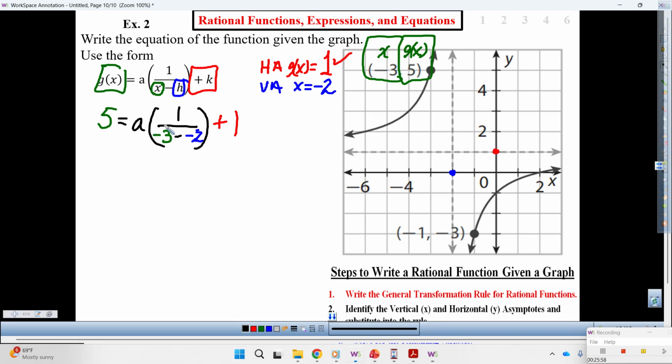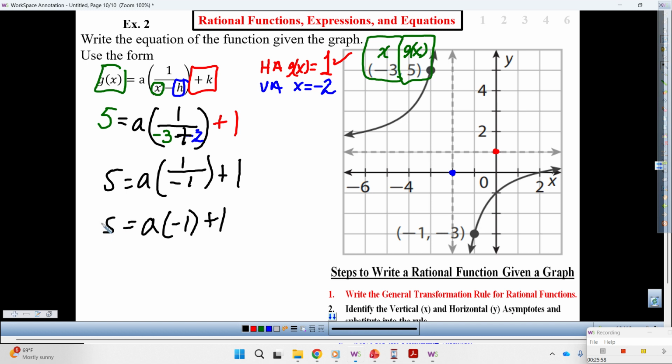All right, let's simplify this fraction. We got 5 equals A times 1 over -3 minus -2. A negative times a negative is a positive, so -3 plus 2 is -1, then plus 1. So far, so good? What is 1 over -1? -1. So that is A times -1 plus 1 equals 5.